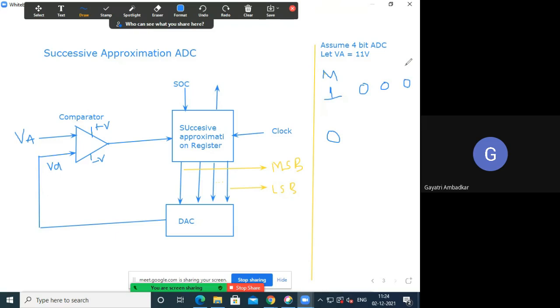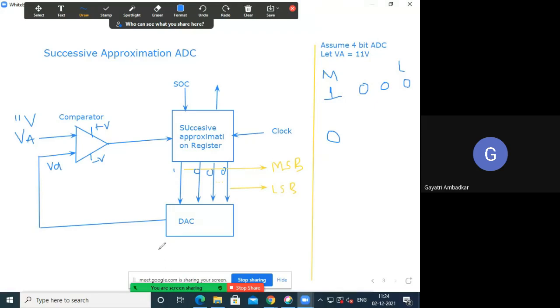So its LS bit is now 0. Then what is our input voltage? Let's say it is 11 volt. So what is the output of SAR? 1000 is SAR's output. This output will go to the DAC, digital to analog converter.